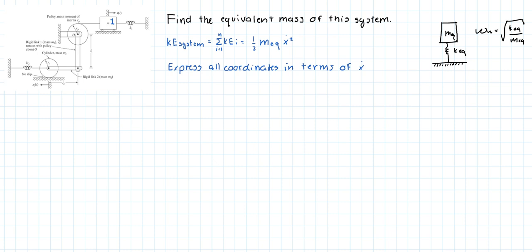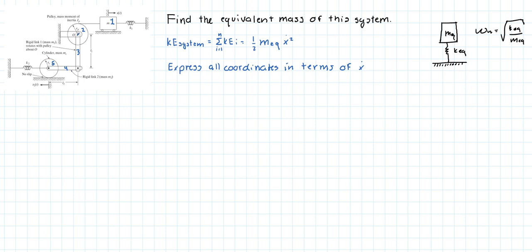So we have the mass, we have the rotation of the pulley, we have the rod rotating around this point here, we have the rigid link, which is moving in the same direction as x2, and then we have number 5.